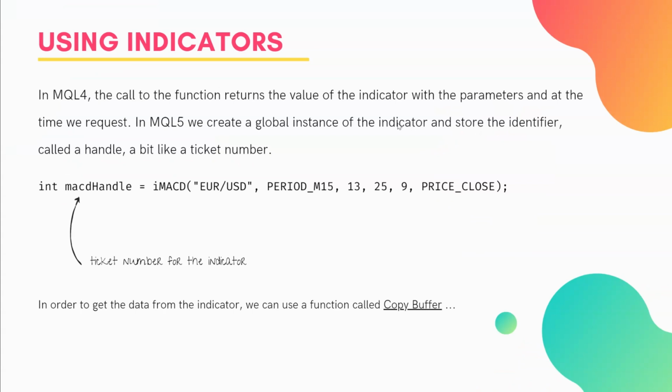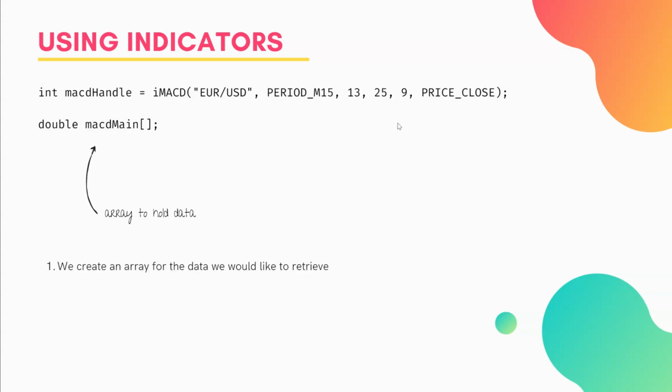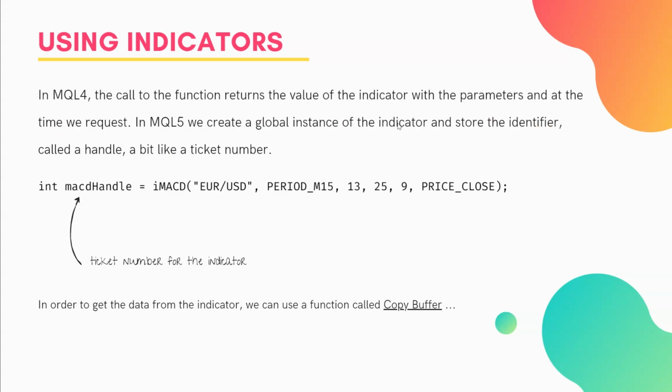So as we said, MQL5 is different from MQL4. It will return a handle rather than a double for the number. You might be asking, well, how do we get the numbers from the indicator?